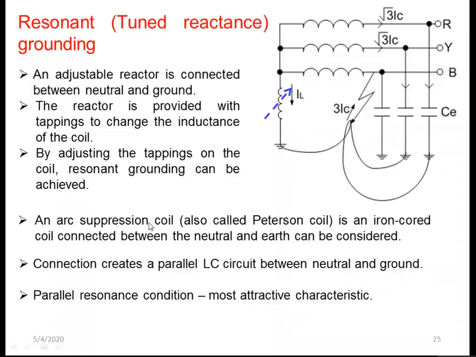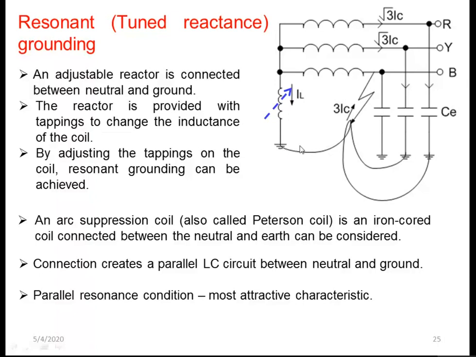So it is this suppression coil. It is actually an iron core coil connected between the neutral point and the earth point here. And as you can see here, if you consider a phase fault on phase B, then with the reactor on this side and the capacitance on the phase B side, this will form a parallel LC circuit between the neutral point and the ground point.